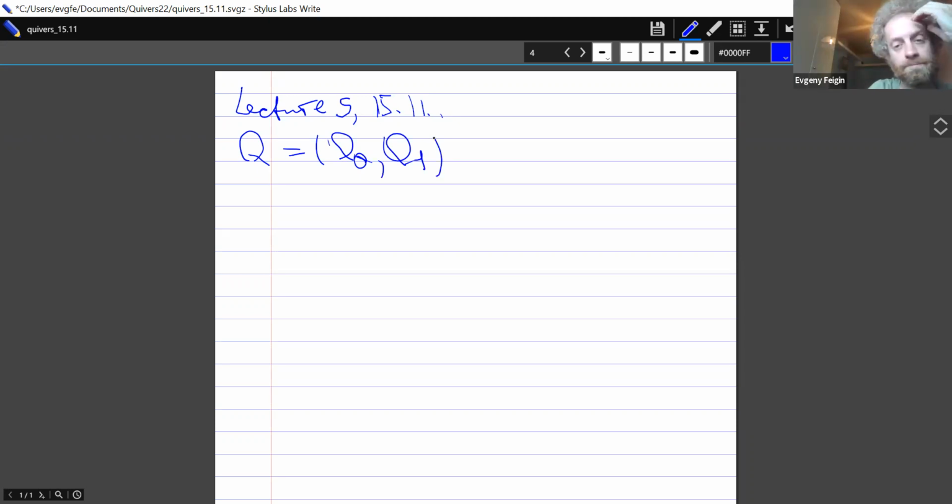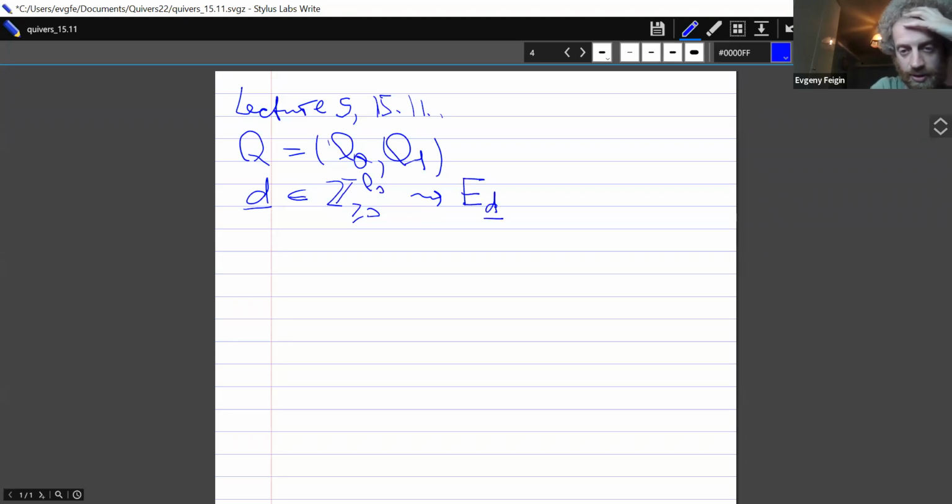We've defined for a vector d in Z greater than 0 to the power of Q_0, the dimension vector, the corresponding representation space E_d.